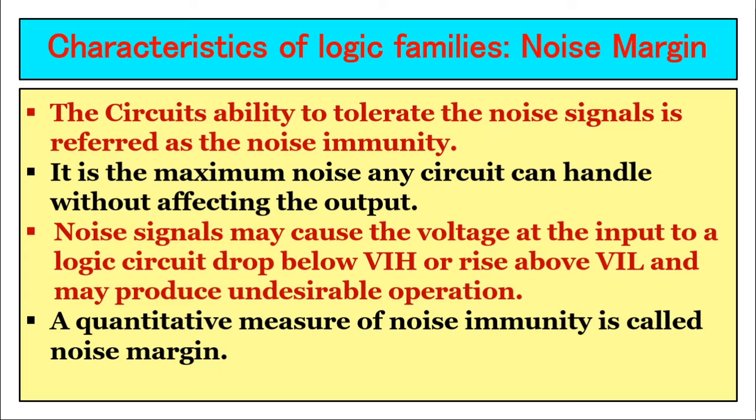Noise signals may cause the voltage at the input to a logic circuit to drop below VIH or rise above VIL and may produce undesirable operation. A quantitative measure of noise immunity is called noise margin.